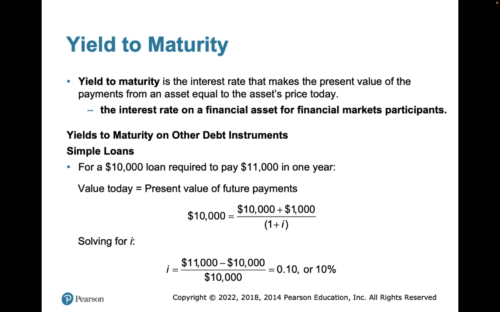You deduct the given amount from the required amount to be paid, which is 10,000, divided by the given amount, and you get the percentage. Please don't forget this, because sometimes you see questions where the interest rate is not given. Sometimes one piece of information will be missing, and you are expected to calculate it.